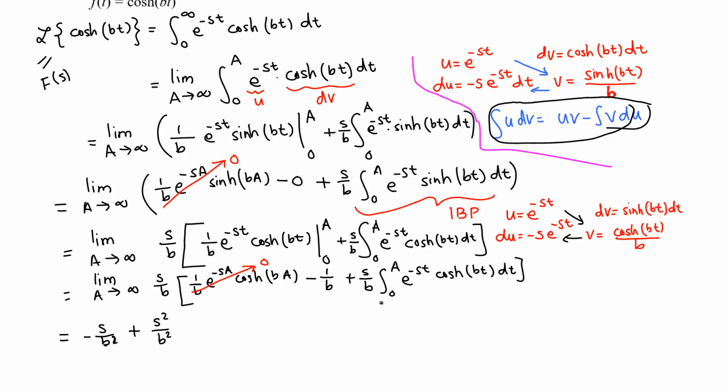This with the limit is just the Laplace of cosh. That's exactly what we have here in this step. 0 to a means 0 to infinity when a goes to infinity, so that's the Laplace of the cosh, and we are calling it F(s), so let me write that as F(s).